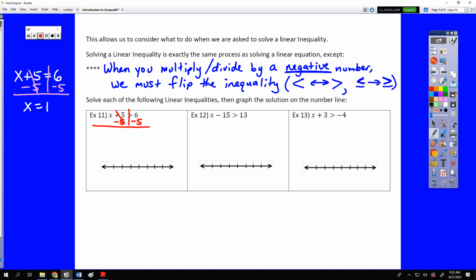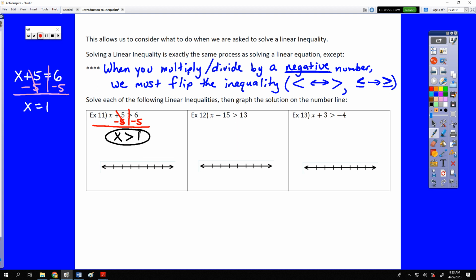That's the only difference, is that we end up with x is greater than 1. Instead of an equal sign, we just have a greater than symbol. But we know how to do this. We know how to solve equations. Okay? Now, the other difference is we have to graph it. This is our answer, but we have to graph it.